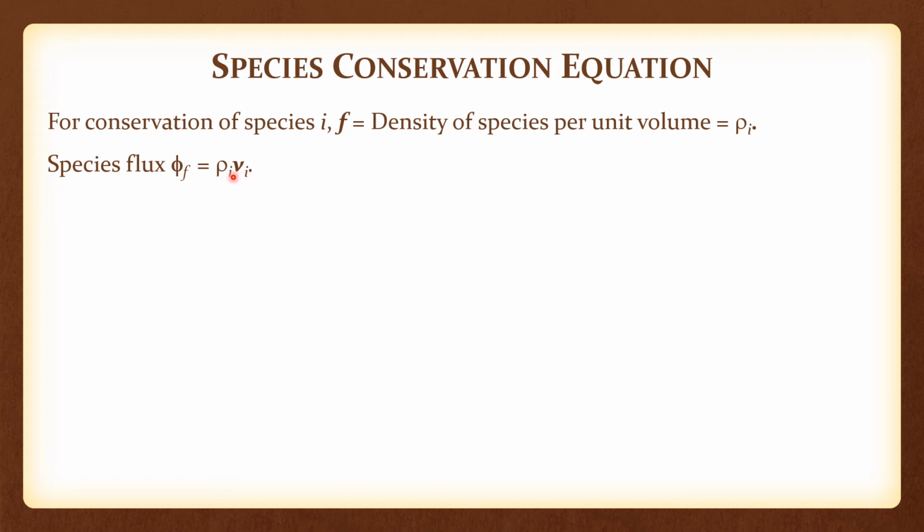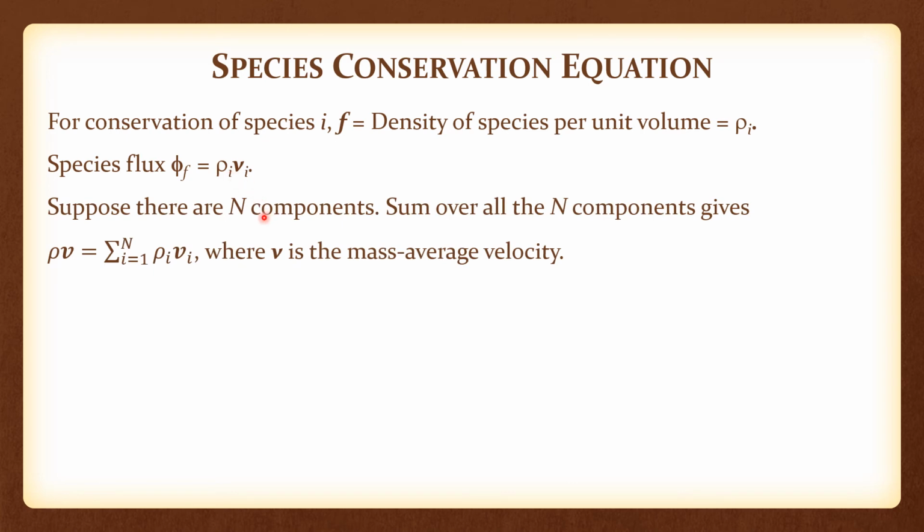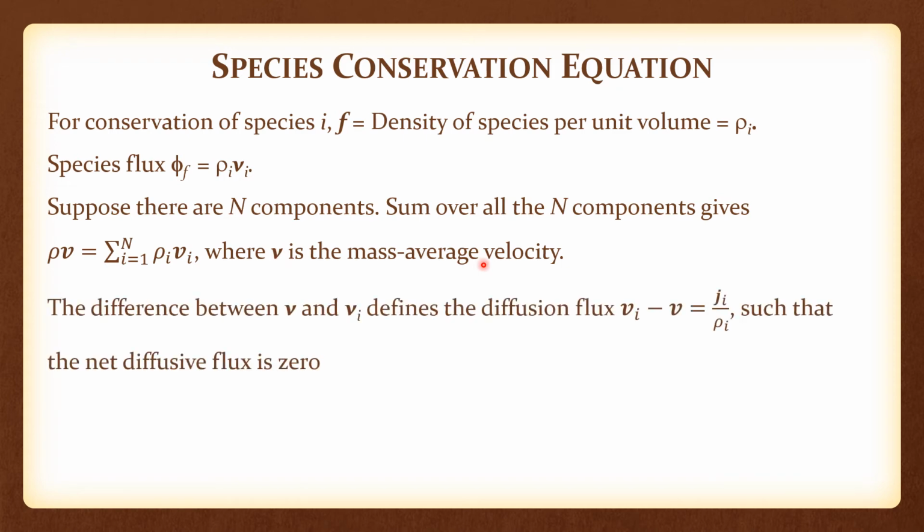This again you have learned in your mass transfer course. Suppose there are n components, the sum over all n components, sigma rho i Vi, will be rho v, where v is the mass average velocity. This is something that you have learned again in your mass transfer course. So the difference between the v and the Vi defines the diffusion flux, such that the net diffusive flux is 0. So sigma ji is 0. This is familiar to you.